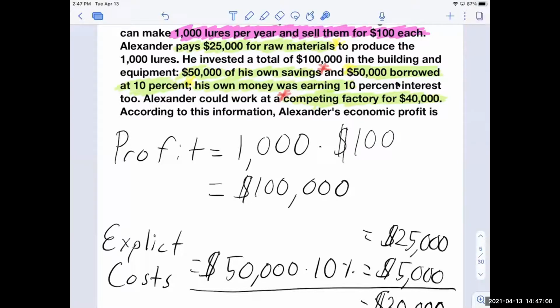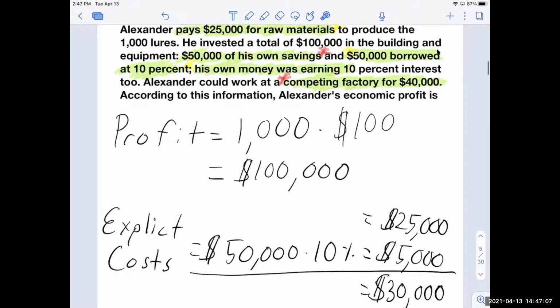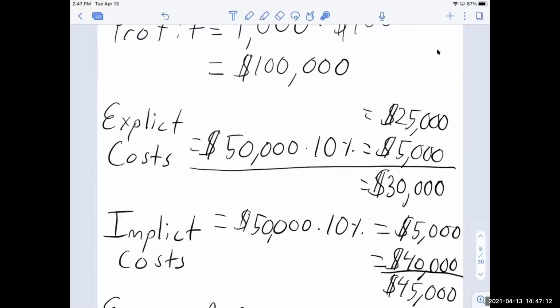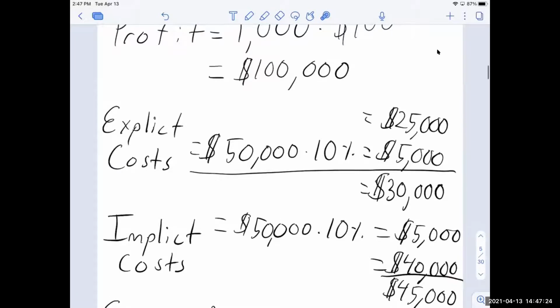So I don't know if my logic is sound, but for the explicit cost I had just the 25,000, and for the implicit cost I had more, because I had the 40,000 also, plus, had he kept all his money in the bank, I did 100,000 times 1.1, and minus his original amount would have left him with an extra $10,000. So I subtracted that from the total and got 25,000.